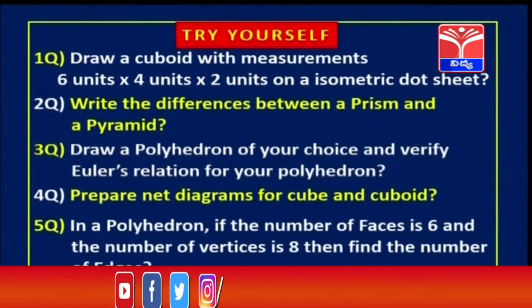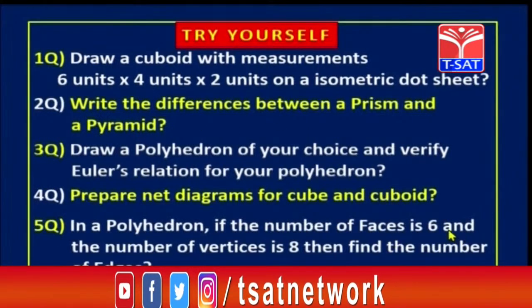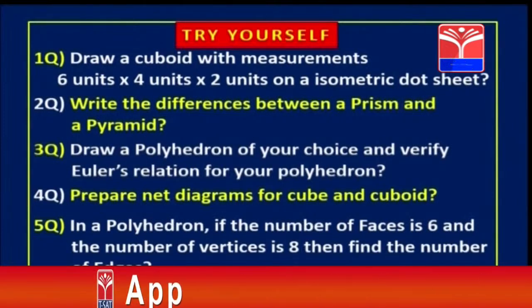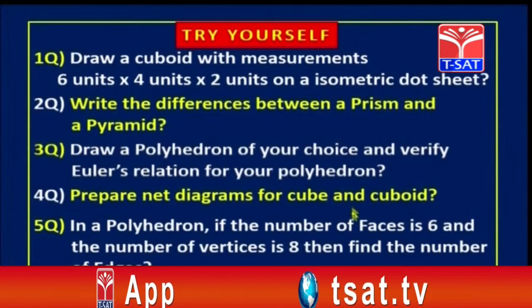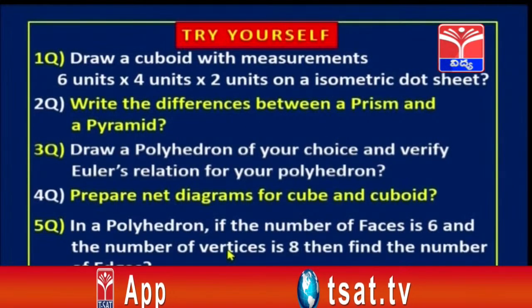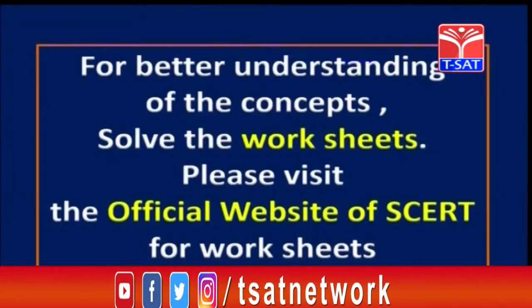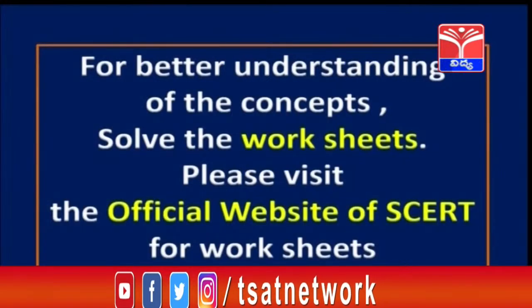In a polyhedron, if the number of faces is 6 and the number of vertices is 8, then find the number of edges. Children, try yourself to solve these problems and also try to solve some more problems from your textbook. For better understanding of the concepts, solve the worksheets. Please visit the official website of SIET for worksheets.